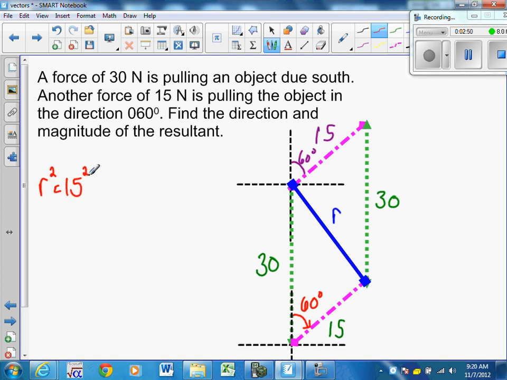Most of these problems, our first step is going to be to use law of cosines. So what we're usually looking for is the angle between the two sides. That's our important angle.